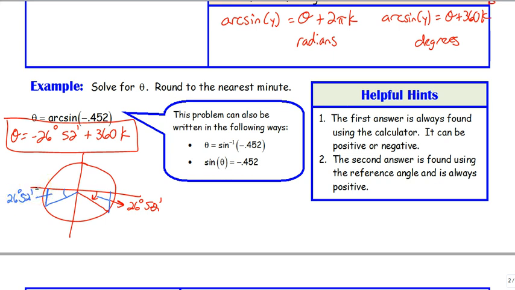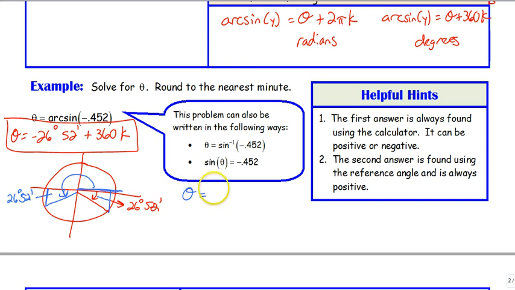So the final step now is give me the second angle starting at 0. So here's 0, and we're going here. So how do we find that full angle? Hopefully in this situation you see that you just do 180 plus the 26 degrees 52 minutes.